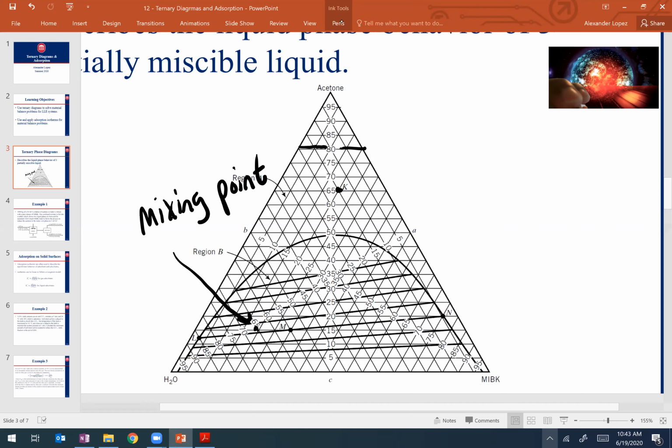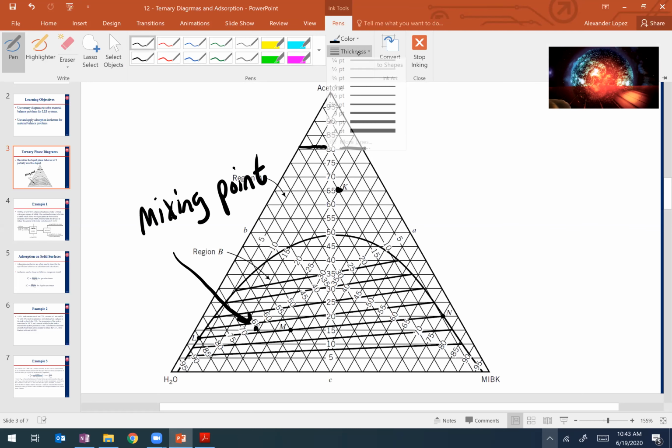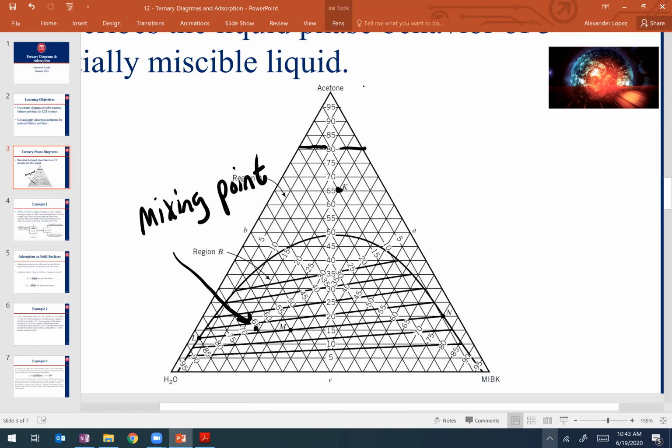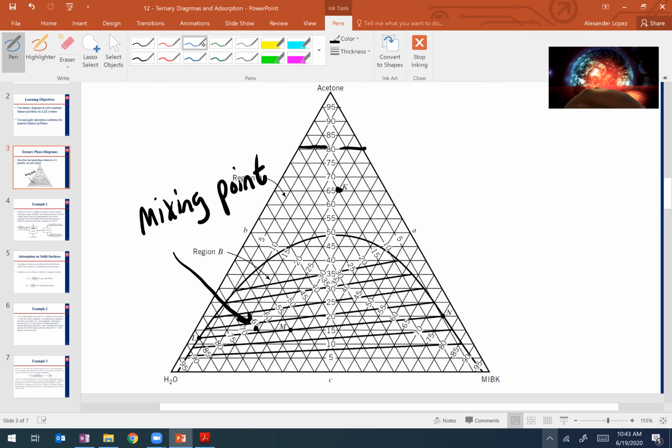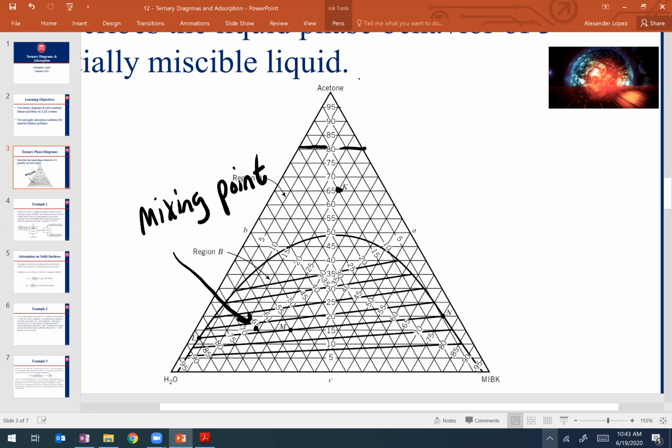And if that's my mixing point, then my two phases are going to be along a tie line that I can make pretty close to these. So my first phase is going to be here. My second phase is going to be here. So this is going to be phase 1, and this is going to be phase 2.